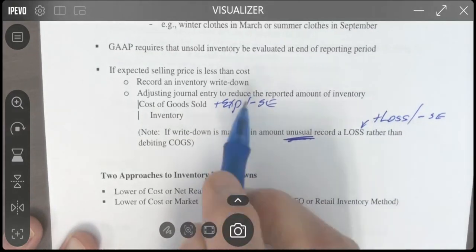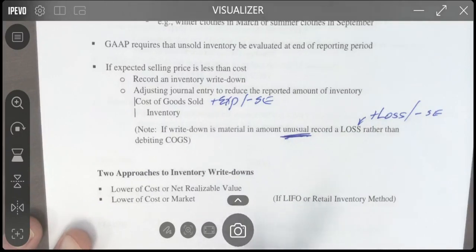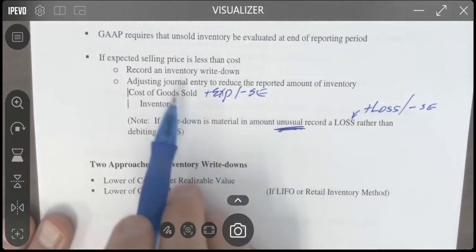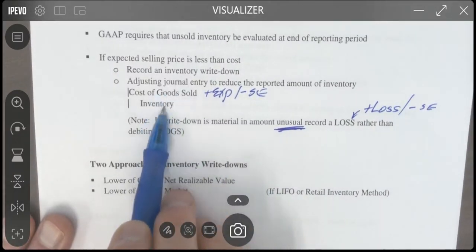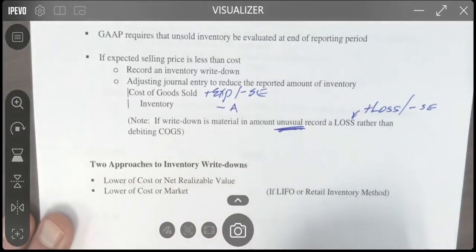If it just happens because that's the way our business goes, we will record it as cost of goods sold. Okay, so that's the accounts that will be debited and credited. Of course, this is minus asset.